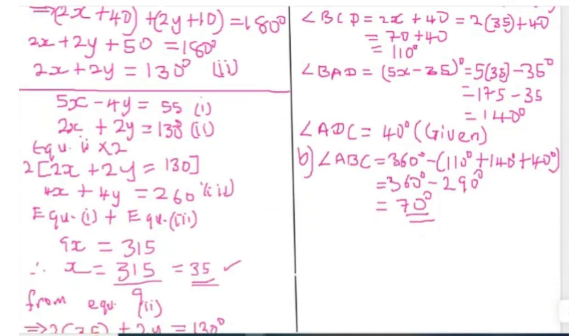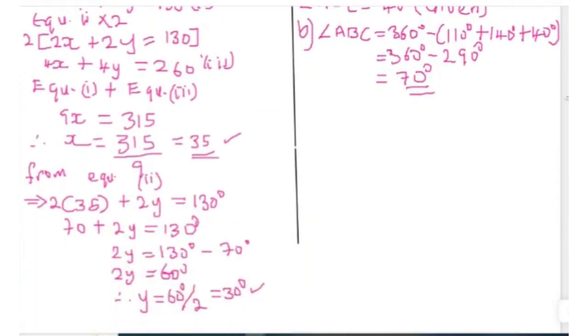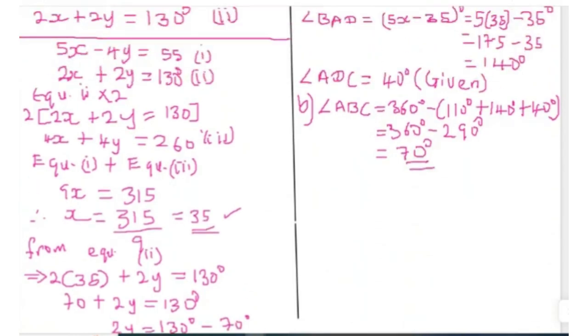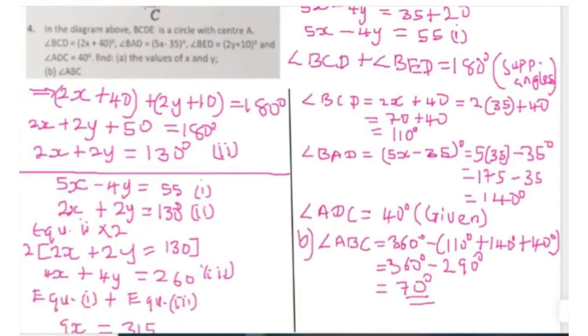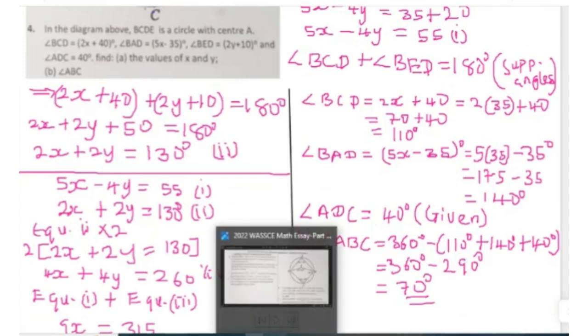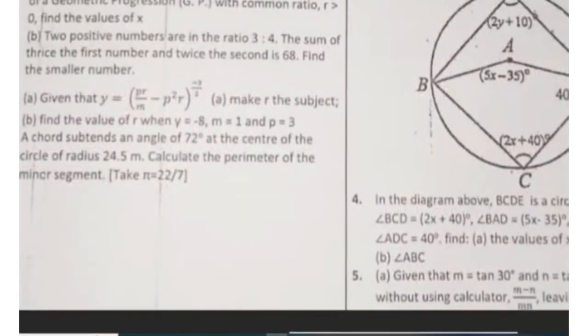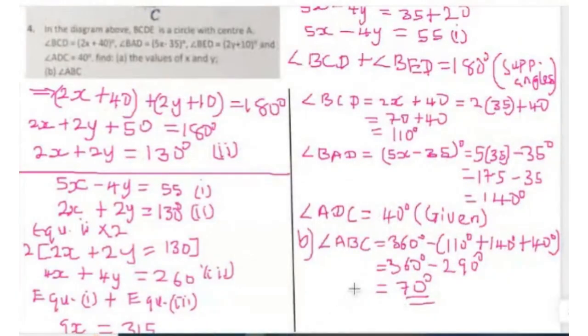Then we went straight to solve the resultant simultaneous equations, obtaining the values of x and y. Then we used that to obtain the actual values of those angles, before using the fact that the sum of angles in quadrilateral ABCD must be 360 degrees, and we obtained angle B. So this is not a difficult question. We just have to apply our knowledge of basic circle geometry, and we will obtain our answer just like we did.